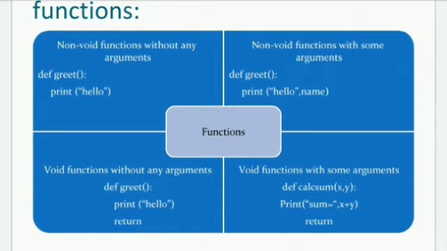In the non-void function with some argument, we are printing hello and we are passing a name. In the void function with some arguments, we are passing hello and returning the value hello to the main function. In the void function with some argument, we are passing the values of x and y, and after adding those two numbers, we are getting the value.